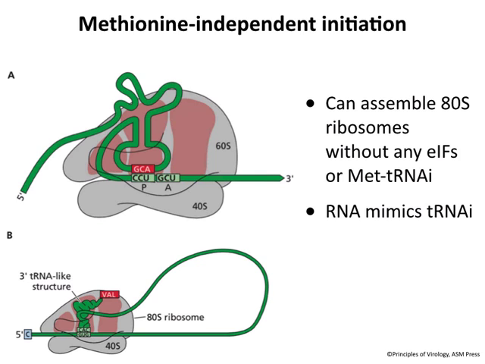So this RNA, you can see, is folded onto itself. This is the tRNA mimicking part in the P site. And this is base pairing with the first codon in the mRNA. And the first amino acid that will be put in will be here an alanine, which is encoded by GCU. So this is methionine-independent initiation because the viral RNA is fooling the ribosome into thinking there's a methionine there.